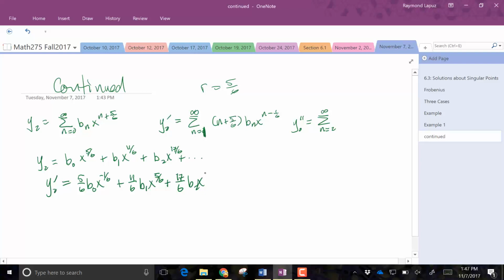Right. So we still do have a b naught term in the derivative, which means that when we take the derivative of this, it still starts from 0. Is that correct? Would you guys agree to that?